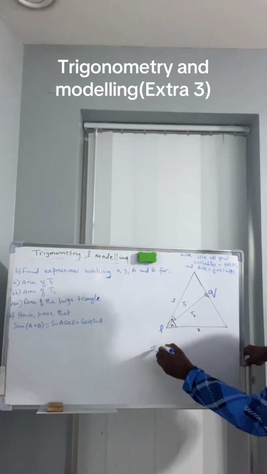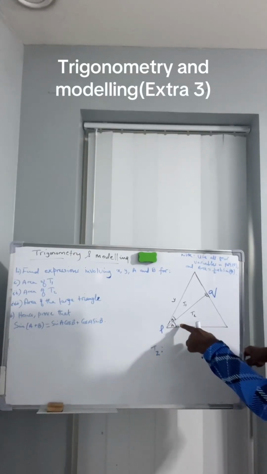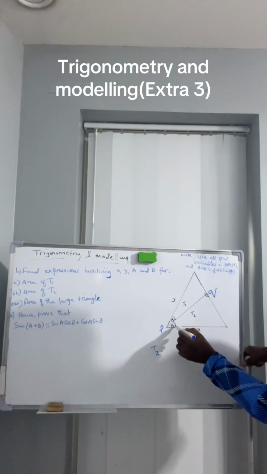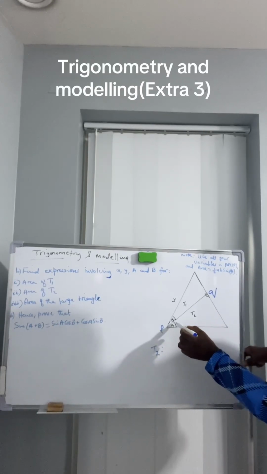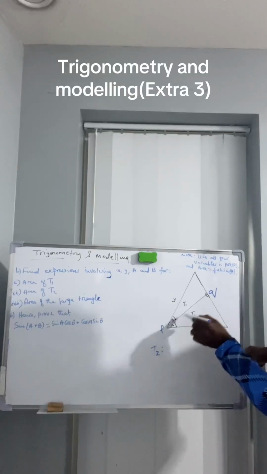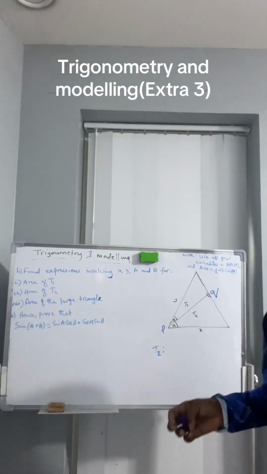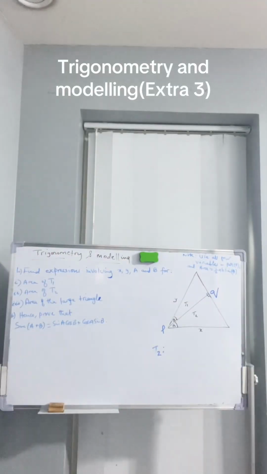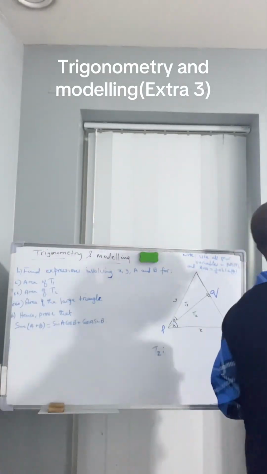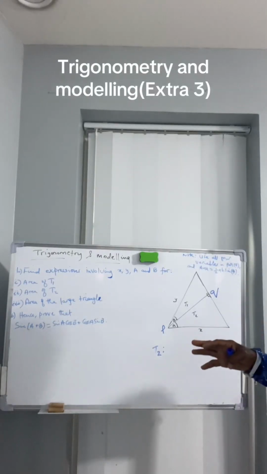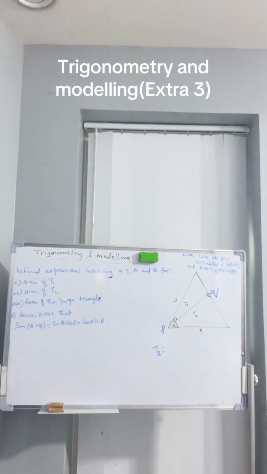We are considering triangle T2. You know that this is the angle opposite this side. This is the angle adjacent to this length, which we require, and we have the hypotenuse. In a trigonometric function, when you have your adjacent side and the hypotenuse, which trig function do you use?